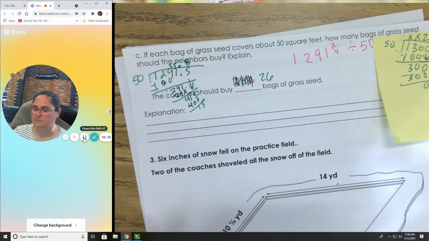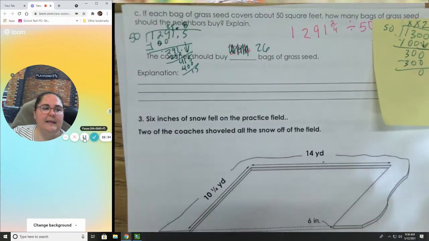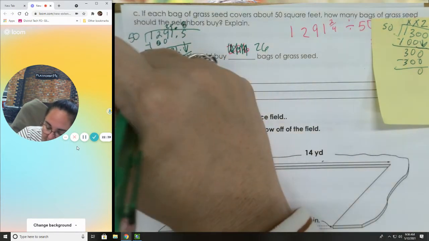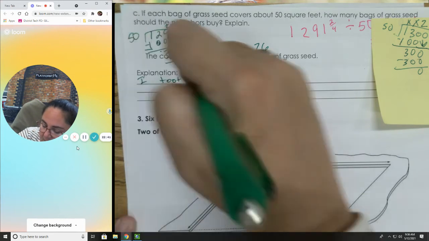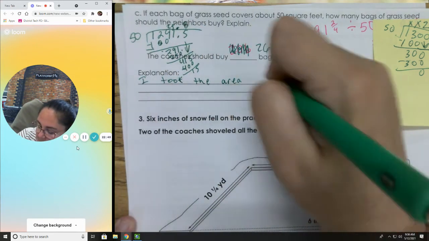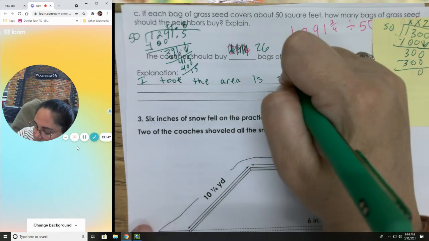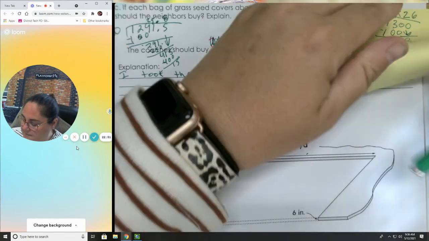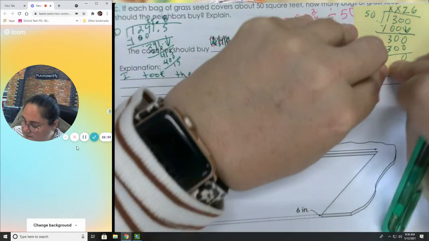All right. Here we go. Now you're going to explain how you found that answer. I took the area in square feet. I'm going to move this up a little bit so I have room to write.